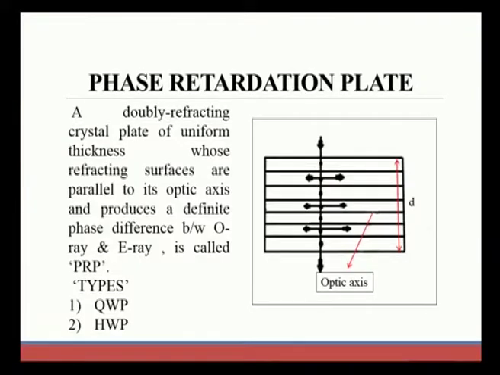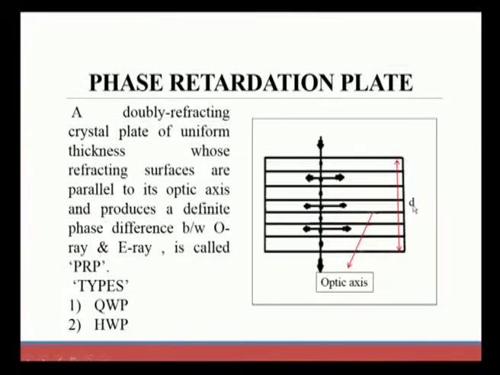The very first thing is the definition of a phase retardation plate: a doubly refracting crystal plate of uniform thickness whose refracting surfaces are parallel to its optic axis. The thickness will be D.